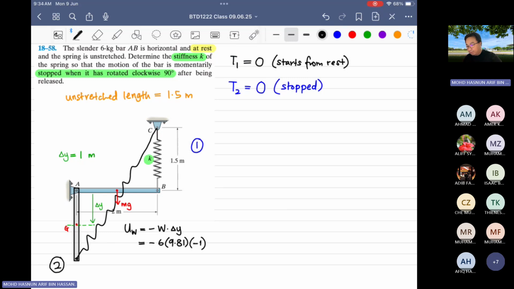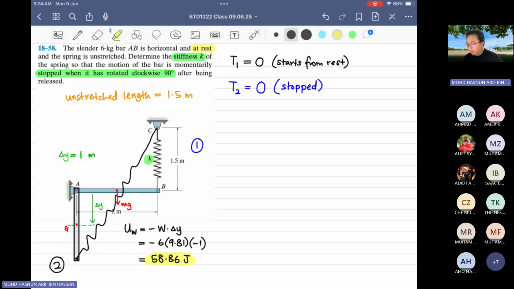Remember the minus is there because delta Y is pointing down. So UW is minus 6 times 9.81 times minus 1, which is positive 58.86 joules. So this is UW.